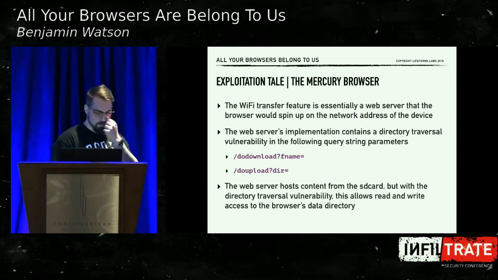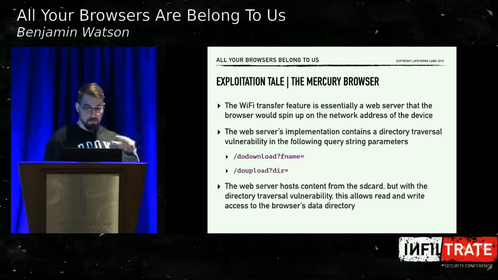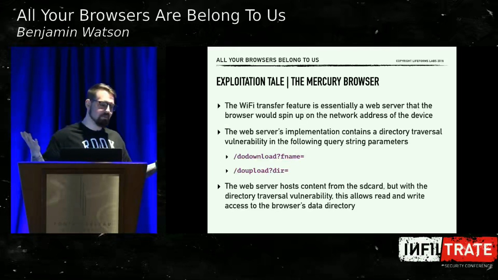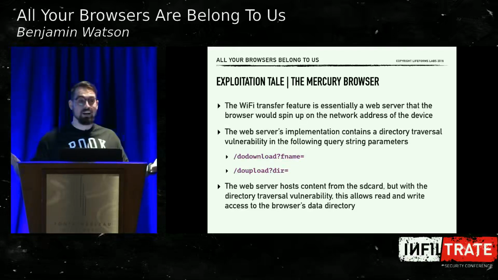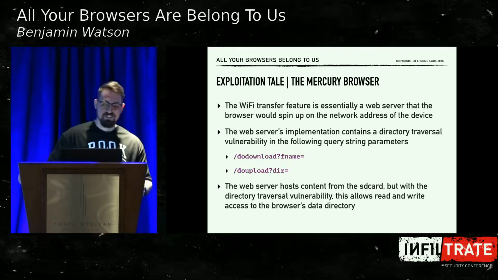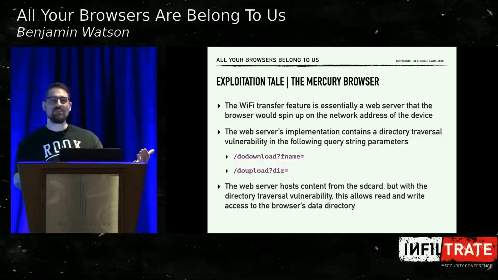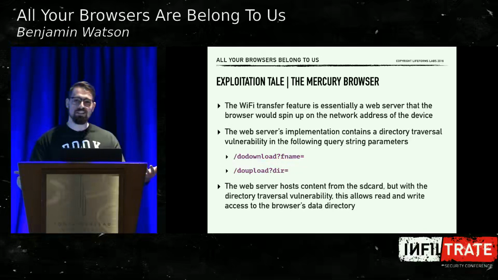But I don't really understand why they wrote this feature. The Wi-Fi transfer feature spawns a web server, hosts the SD card, and then attaches it to the network interface of the phone. Because why not? So I actually saw this and I was like, really?